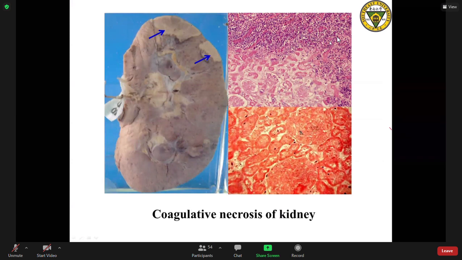Around this area, here are inflammatory cells, many inflammation around this area. High power. We also can see glomerulus and tubules in this area, but also no nuclei. So necrotic tissue, the character is that the nuclei disappear. Nuclei disappear.